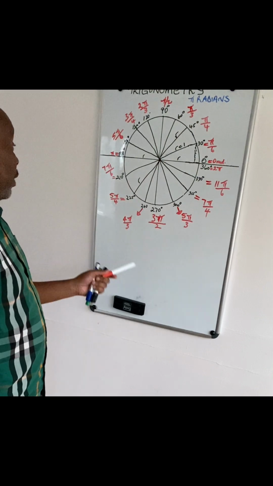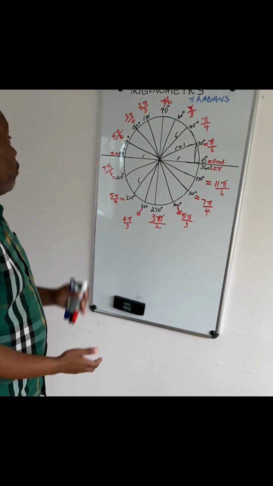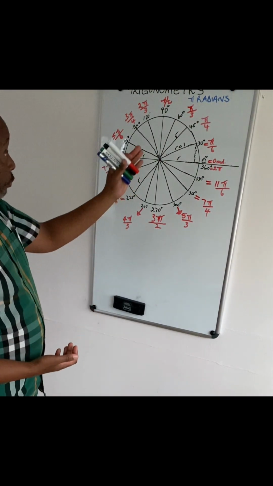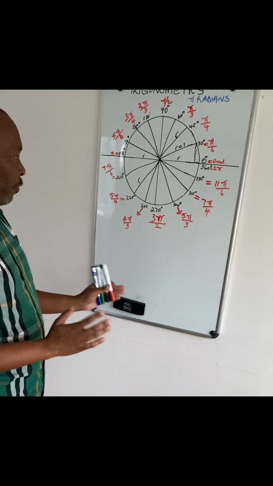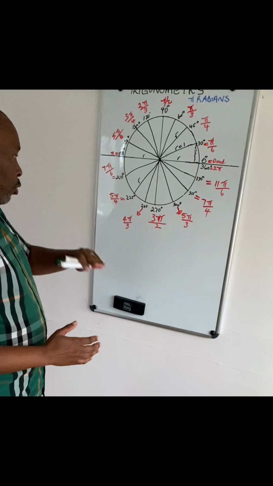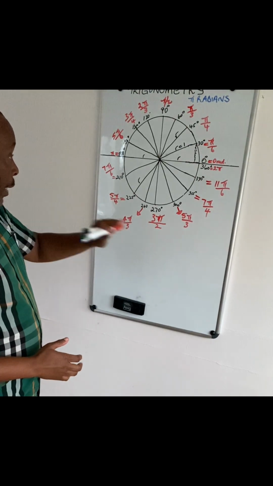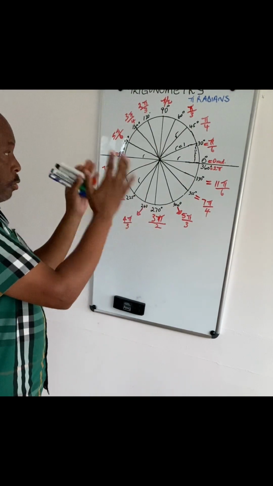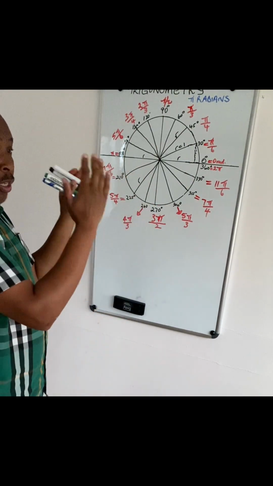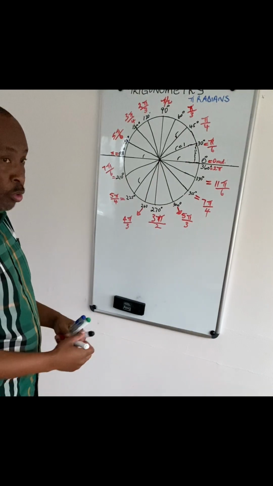So this is what I wanted to show you: when we're no longer talking in degrees, but we talk in radians, it's just the equivalent of the degrees. It depends on what you are given. If you are given degrees, they would expect you to deal with degrees. If you are given radians, they would expect you to deal with radians.